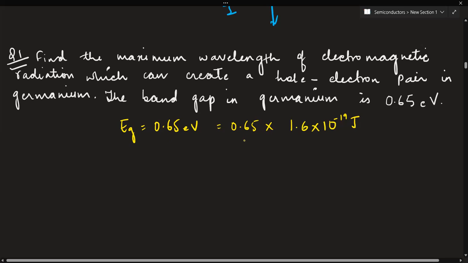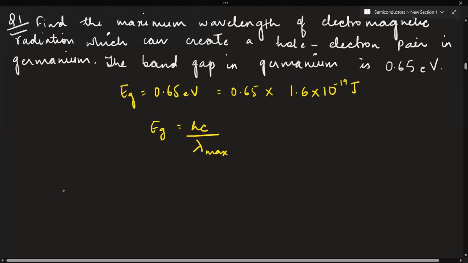So see, if I say the maximum wavelength is lambda, energy and wavelength have a relation. Energy is inversely proportional to wavelength, and the constants used are h multiplied by c. So this is hc by lambda, and lambda here is the maximum. This is the relation that you have already used in your previous chapters as well.